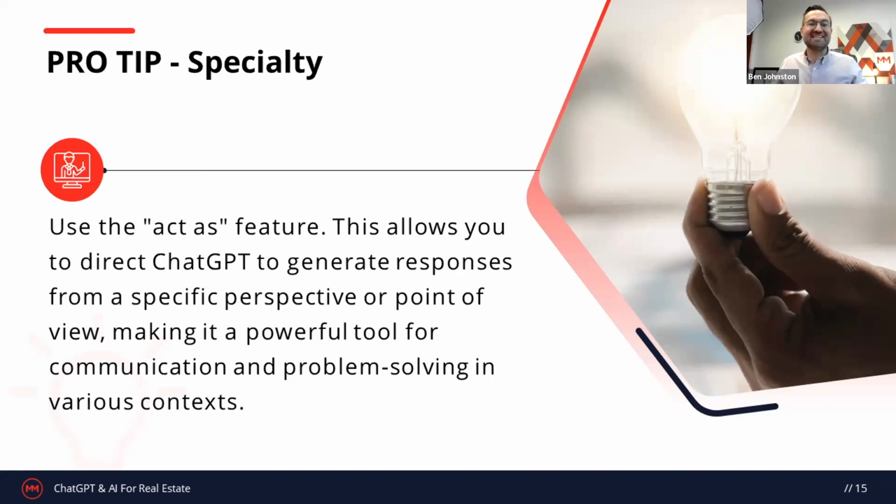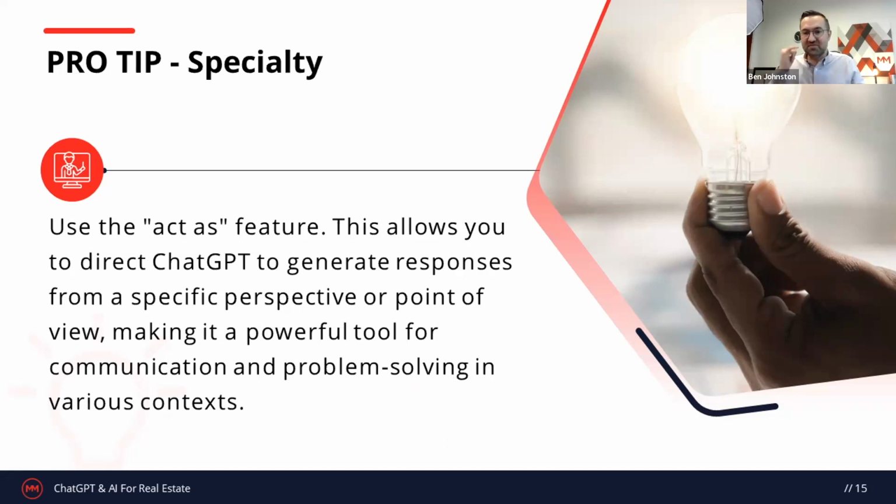Use the Act As feature. This is what I was talking about in the beginning. This allows you to direct ChatGPT to generate responses from a specific perspective or point of view, which I think is super cool. This makes it a powerful tool for communication and problem solving in various contexts. For example, if you're a group of realtors and you say, act as a real estate agent, ChatGPT will generate responses from the perspective of a real estate agent.